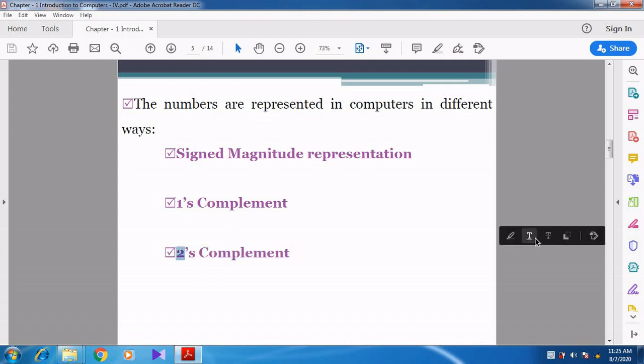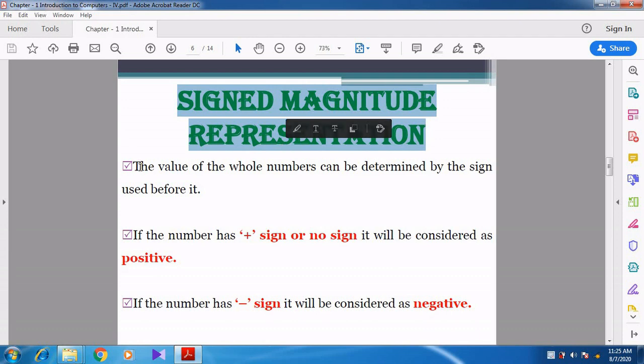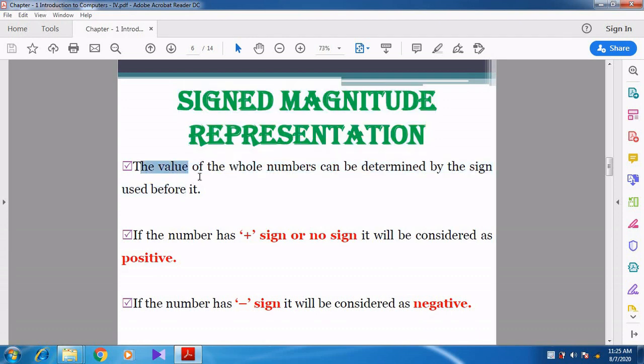First we are going to discuss signed magnitude representation. The value of the whole number can be determined by the sign used before it.